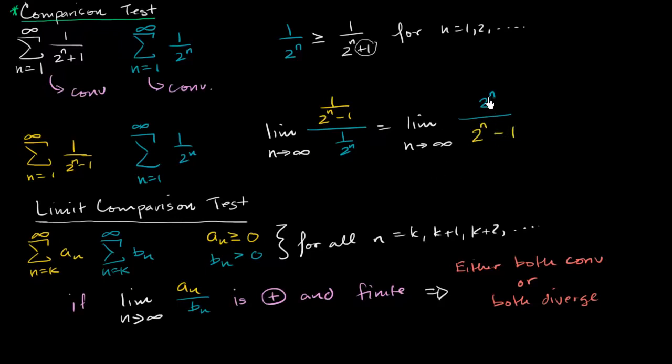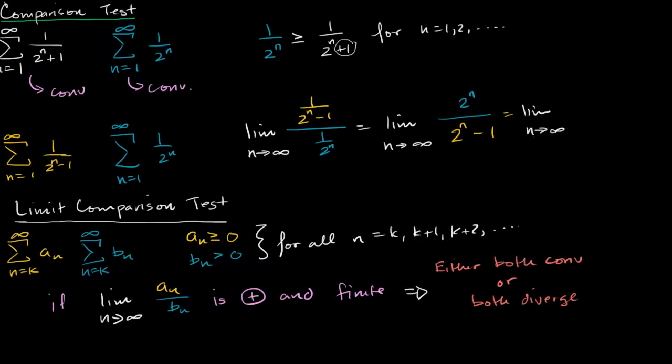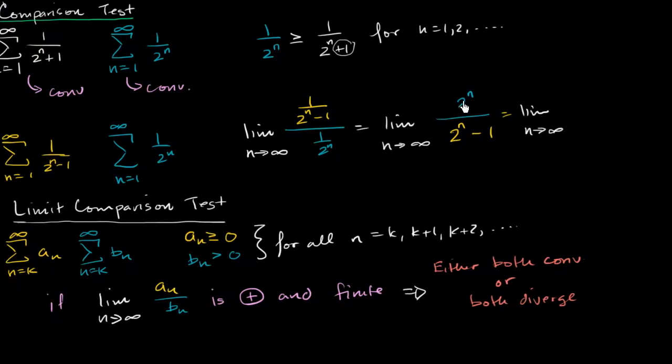And clearly, what's happening in the numerator and the denominator, these are approaching the same quantity. And actually, we can even write it like this. Divide the numerator and the denominator by 2 to the n if you want, although it's probably going to jump out at you at this point. So limit as n approaches infinity. Let me scroll over to the right a little bit. If I divide the numerator by 2 to the n, I'm just going to have 1.